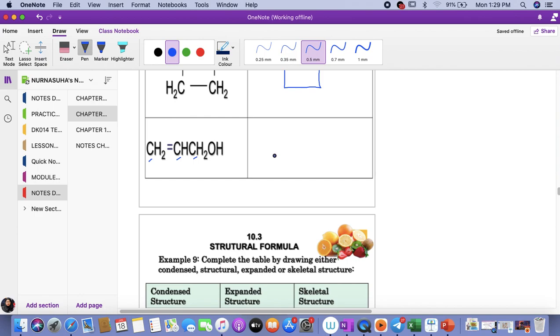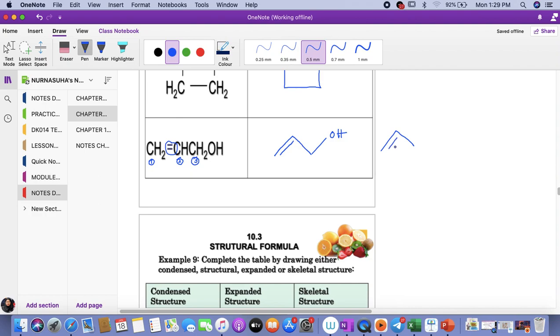Okay, next. For the third compound, so you have 1, 2, 3 carbon. At carbon number 1 and carbon number 2 ada double bond. So kena tunjuklah sebab double bond adalah functional group. Okay, dekat carbon number 3 kat sini ada OH. So show the OH. Tapi jangan pula letak OH kat sini.